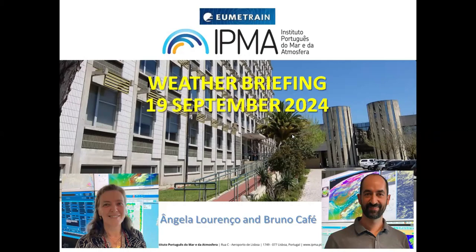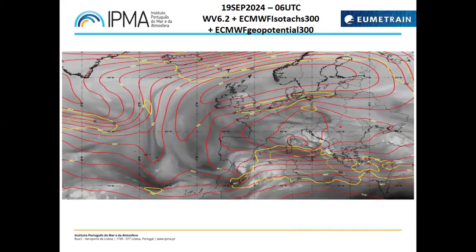So I will talk about the current weather situation, and I will start with an overview using the upper levels. In this case, the water vapor 6.2 satellite image. With the water vapor image, we can check several things like the position of the jet stream, moisture and dry boundaries that can be areas of convection initiation.